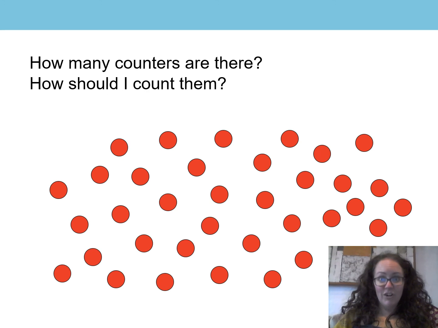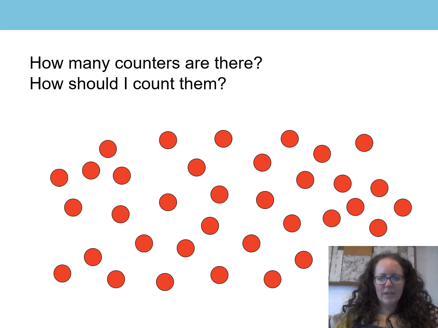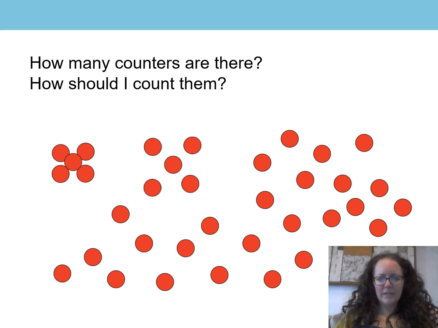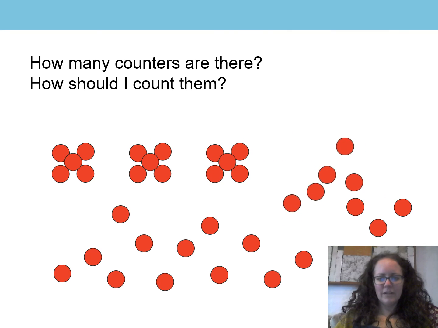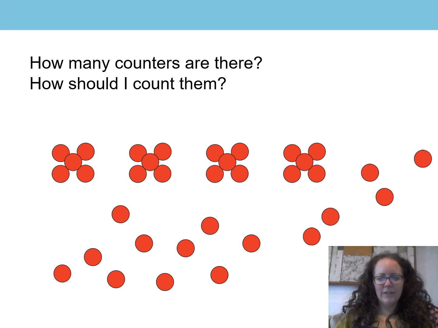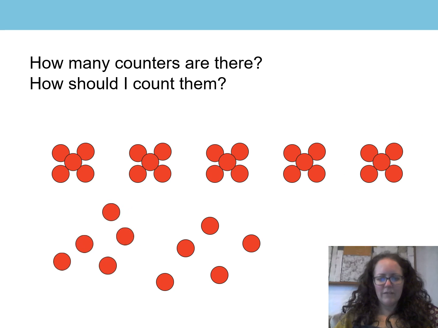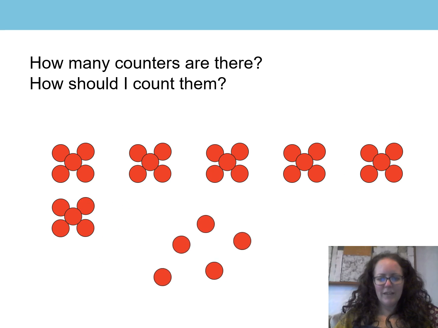Wow, there are a lot of counters on this slide, aren't there? I wonder how many there are altogether. What would be the easiest way to count them? Can we use our counting in 5 skills? I think we can. Let's put them into groups of 5. Why don't you help me? 1 group of 5, 2 groups of 5, 3 groups of 5, 4 groups of 5, 5 groups of 5, 6 groups of 5, 7 groups of 5.